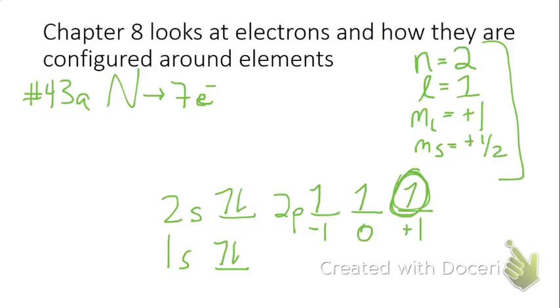And so, for practice, if you want some extra practice on this, I would recommend it. I would say do number 42. And so for 42, it says to do the full electron configuration. I would do the full and the noble gas configuration, just so you can get practice looking at the noble gas configuration and using your periodic table to help you with that.